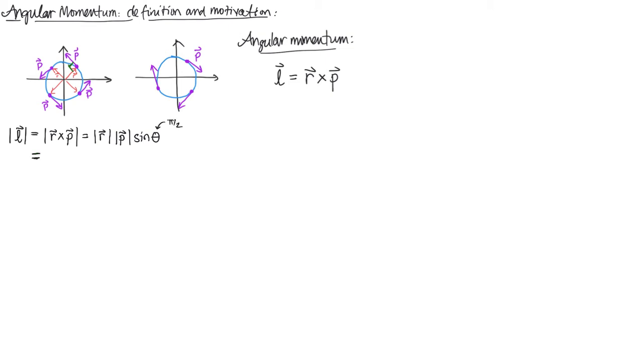Also, the magnitude of r is just the radius of the circle. Let's say that circle has a radius equal to capital R. So our cross product has mag r mag p times the sine of pi over 2. Mag r is capital R. The magnitude of p is m times the speed, v. Okay, and the sine of pi over 2 is 1.